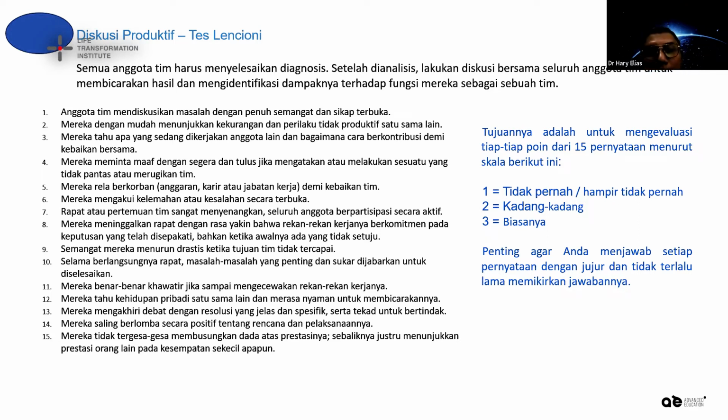For example, now you can give 3 scores. 1 kalau tidak pernah atau hampir tidak pernah. 2 kalau kadang-kadang. Dan 3 kalau biasanya. Okay, so 1, 2, 3 for each score.